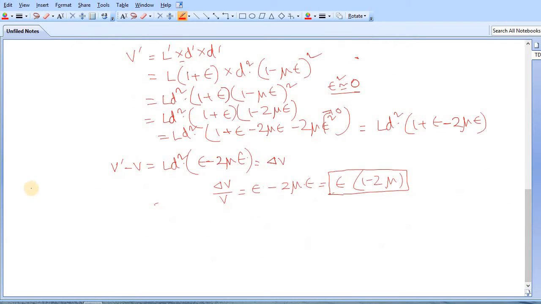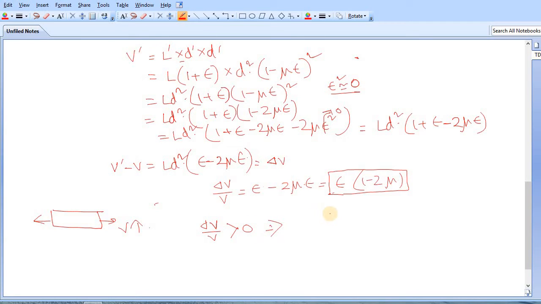So it is obvious that whenever you apply any tension on a body, its volume will naturally increase. So delta V, or unit volume change, is always greater than 0.